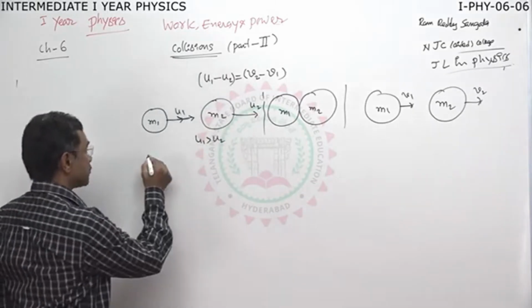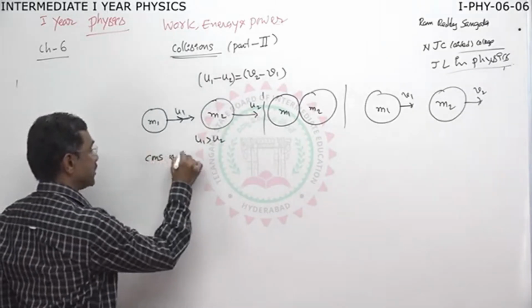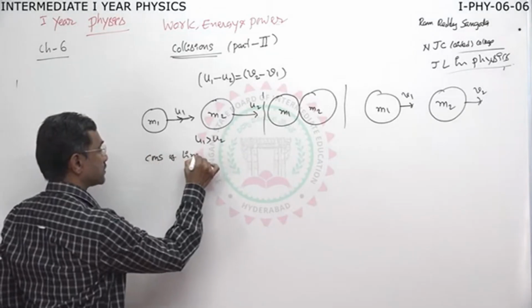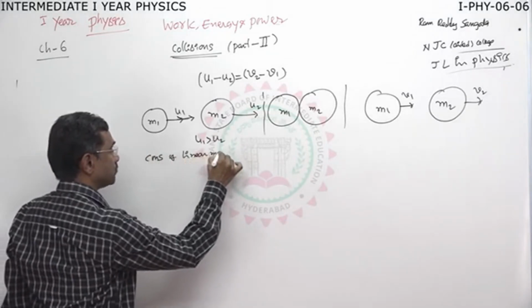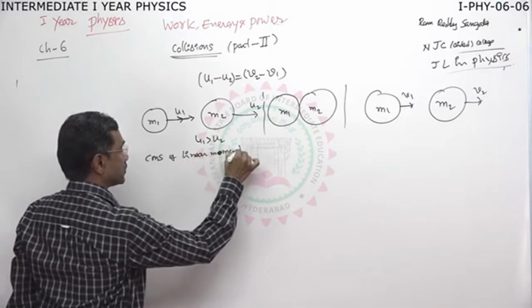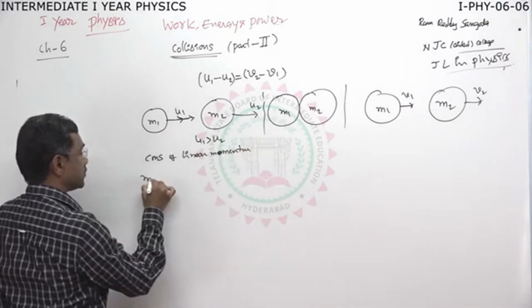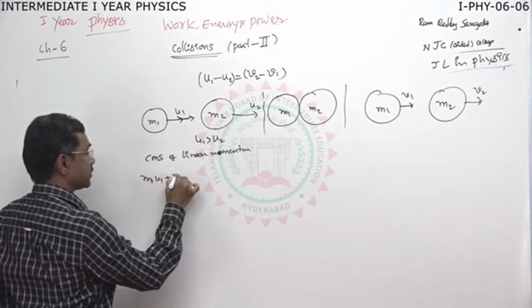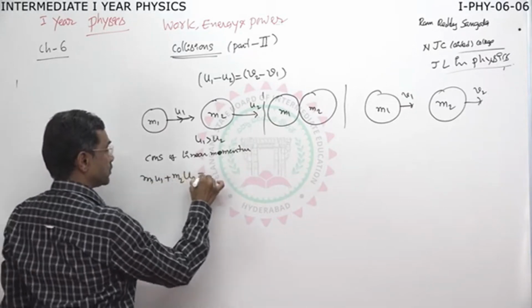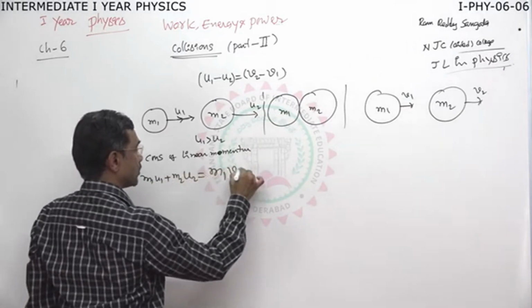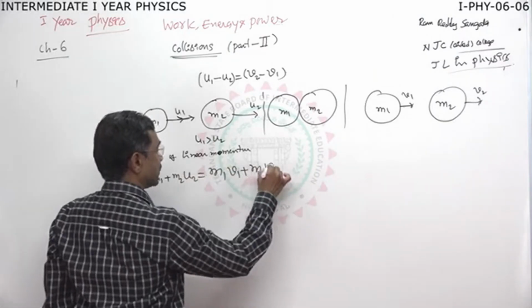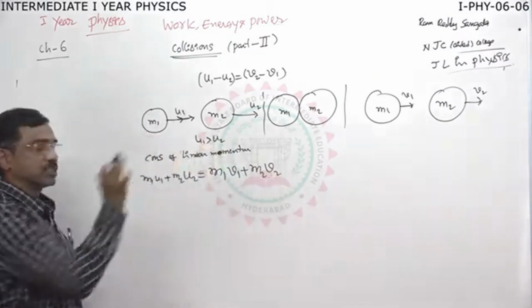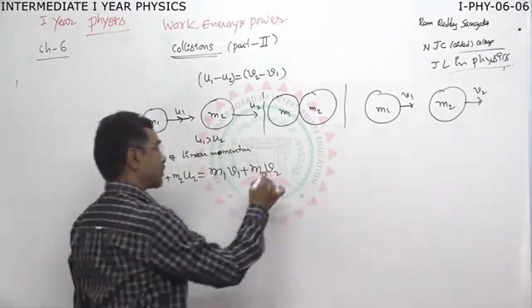Here, conservation of linear momentum. What does it tell? Total momentum: m1 u1 plus m2 u2 is equal to m1 v1 plus m2 v2. This is the total momentum before collision equal to total momentum after collision.